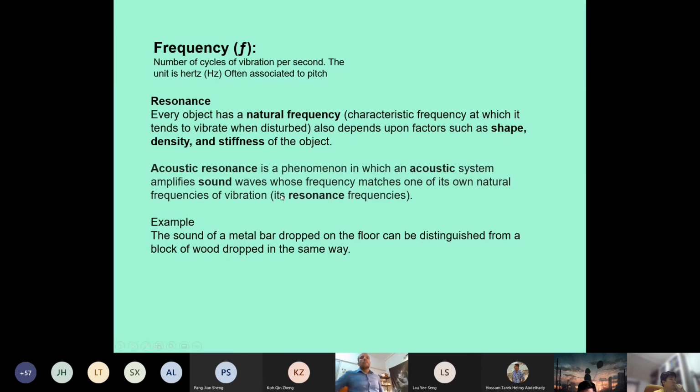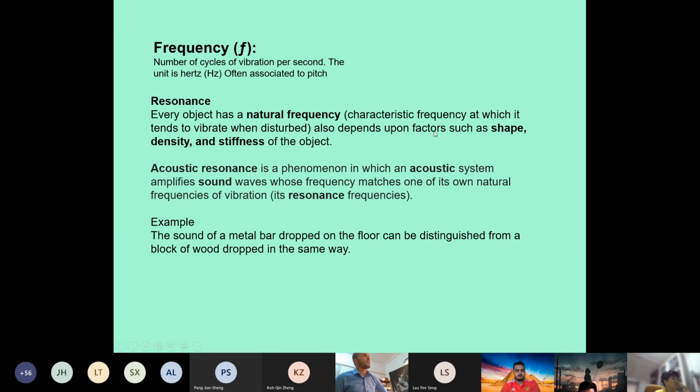There is another phenomenon in sound which we don't find in light, and this is very important, and we call it resonance. You have to know that every object has a natural frequency. By natural frequency, we mean the characteristic frequency at which it tends to vibrate when disturbed.